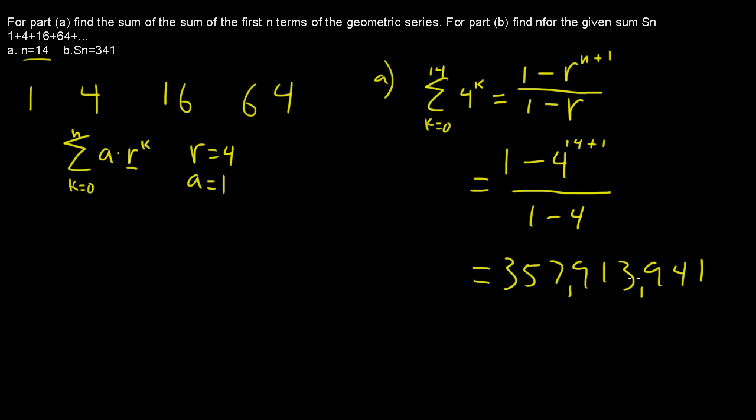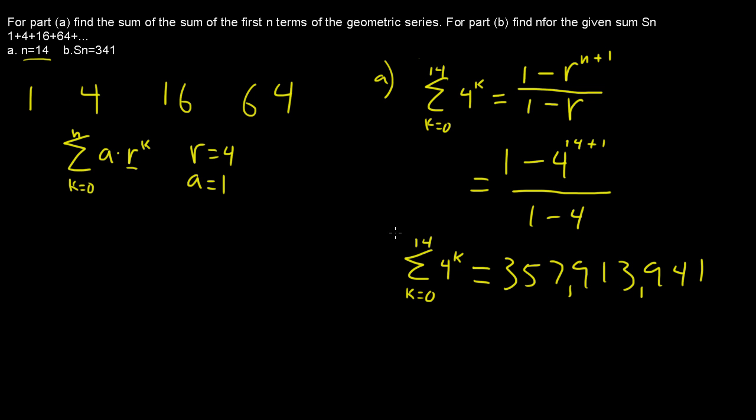So this is what the summation as k equals 0 of 4 to the k, as k goes from 0 to 14, is. That's how you would read this. And this is equal to this number here, which is 357 million and change.